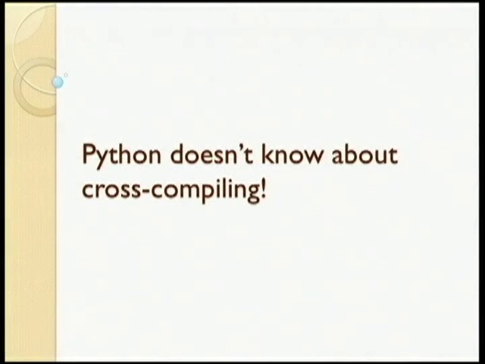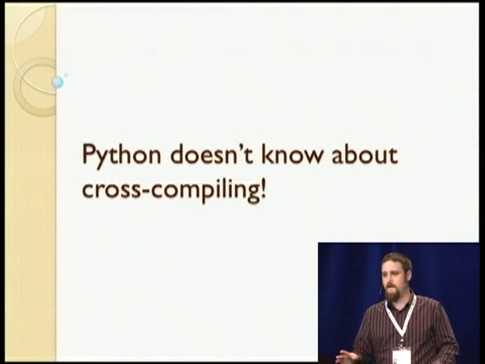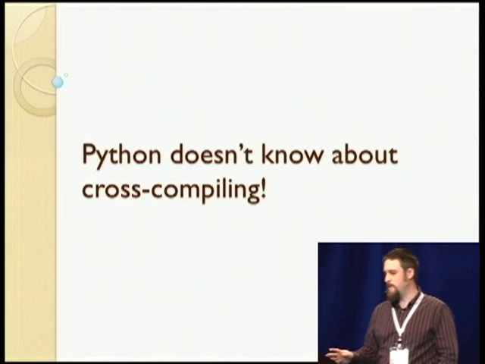We can just run the configure script and pass all the right arguments to it, maybe override some compiler things, and everything's going to work. And you know, maybe you get as far as getting the configure script to run, and maybe you get partway through the build, and then everything explodes, and you realize that Python and its build system know nothing about cross-compiling.